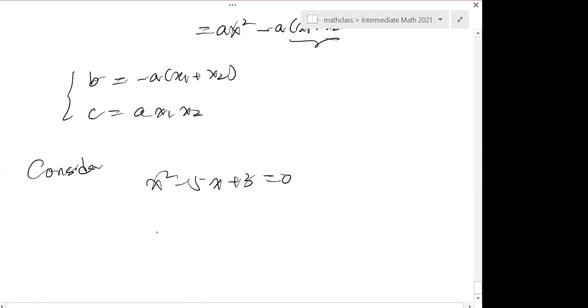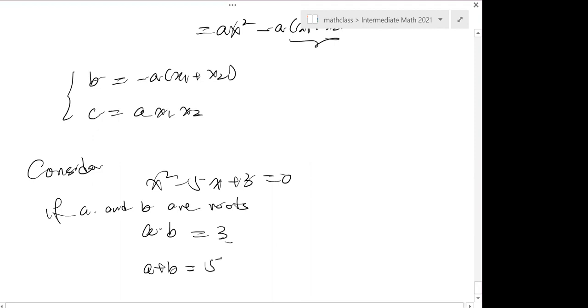Don't confuse it with the notation here. Then the product of the two roots, since the leading coefficient is 1, is just 3, okay? And the sum of the roots is going to be 5, okay?